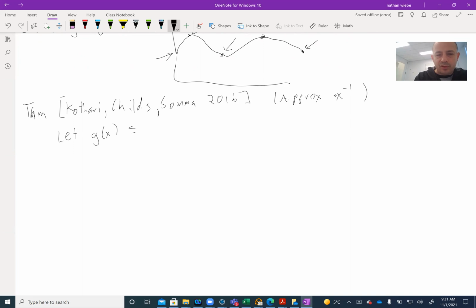Okay, so let g of x equal the sum from j equals 0 to j naught of (-1) to the j, times the sum from i equals j plus 1 to b of the binomial coefficient 2b choose b plus i, divided by 2 to the 2b, times T_{2j+1} of x.